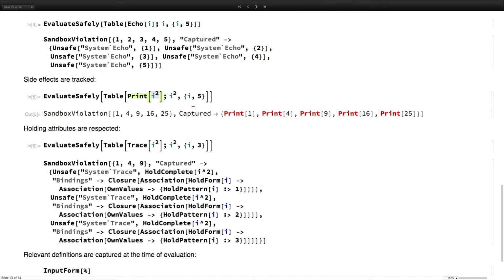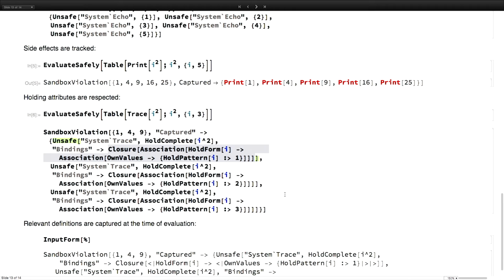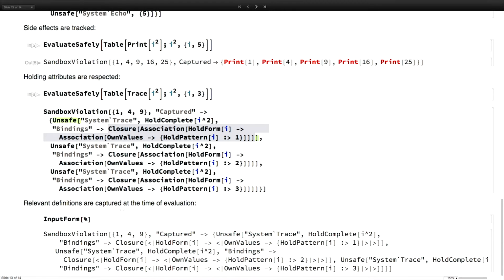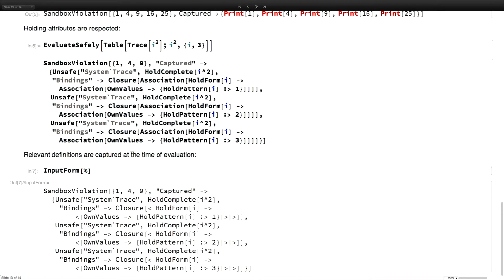Because it doesn't matter, because that's just going to evaluate before print even does anything to it, because it doesn't have any holding attributes. This one, on the other hand, has to keep track of a closure that represents the relevant part of the state of the evaluation that it needs to know. Oh, and again, I had the answer to the thing that I was trying to show.